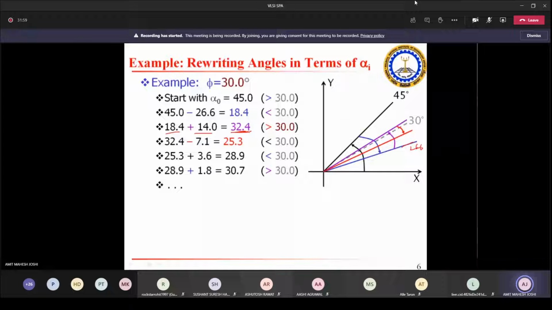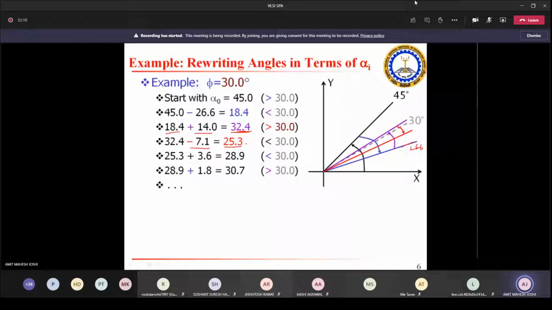Now 32.4 is again beyond my 30. So that means now I need to subtract the next alpha value, which is minus 7.5. Now I get 25.3, but 25.3 is lesser than 30. So now whatever the next alpha is, I need to add to get closer to 30.